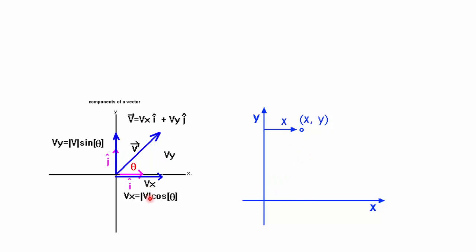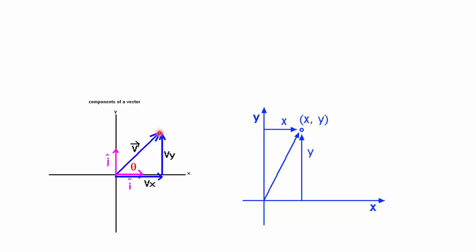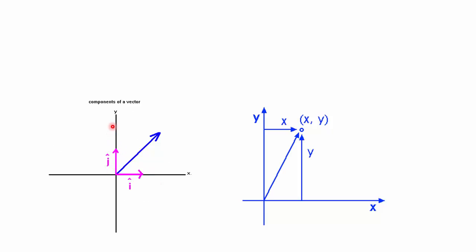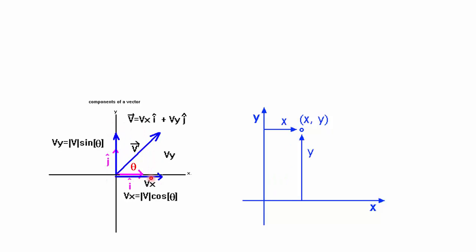How does that happen? Now see, this vector v, I can say that this vector point can be defined by vx and vy similarly like this. So this distance along the x axis is vx and along the y axis is vy. Now this vx vector we can break into vx into the unit vector i.